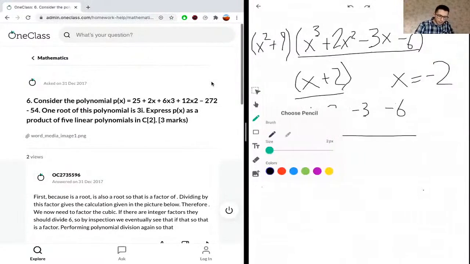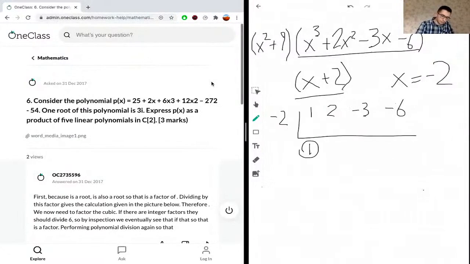Then we'll multiply 1 times -2, and the result is -2, and we'll write it over here. Then we add 2 plus -2, and that will give us 0.